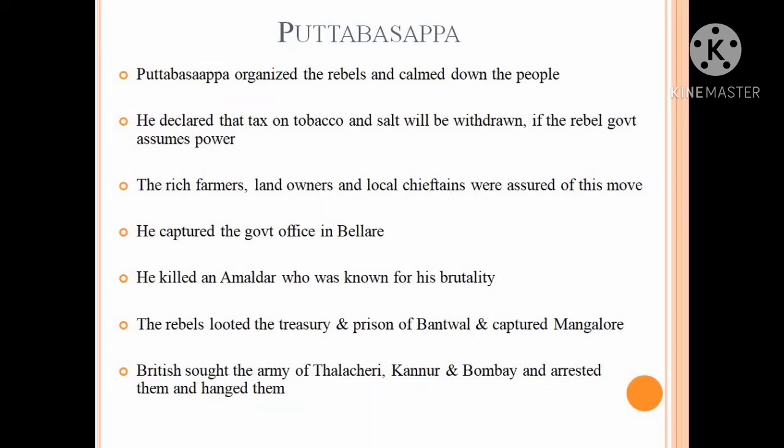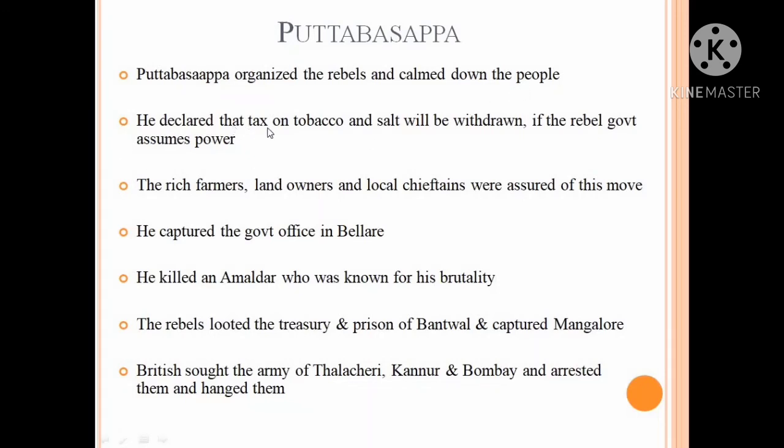But the British arrested and killed Kalyana Swami, though people don't know about that. In the name of Kalyana Swami, Puttabasappa presented himself as Kalyana Swami or Swami Aparampara. And he continued that rebellion and took the leadership. Puttabasappa organized the rebellion and calmed down the people.